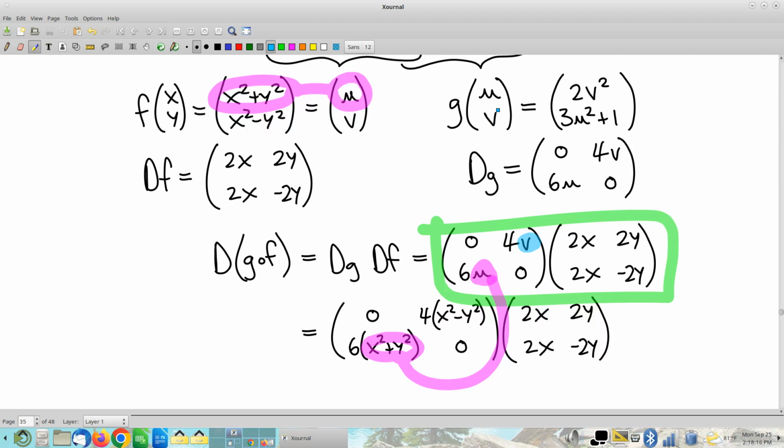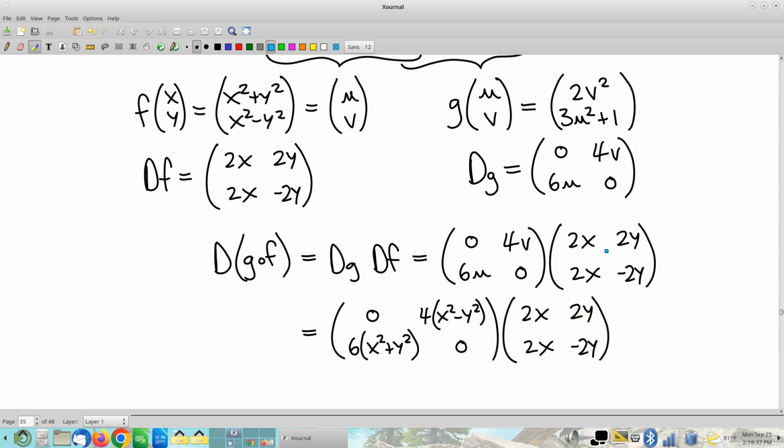Well, v is the second input to G because it's the second output from F. And so that v is x squared minus y squared. Is that cool? And it's all over but the multiplying out these two matrices. So, multiply it out. Y'all know how to do that. Okay, so heads up on that.